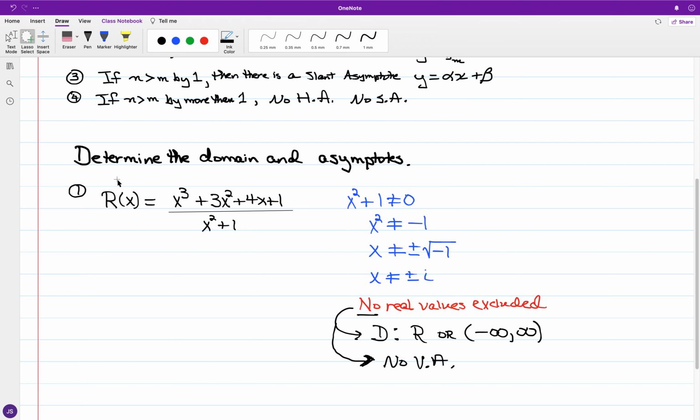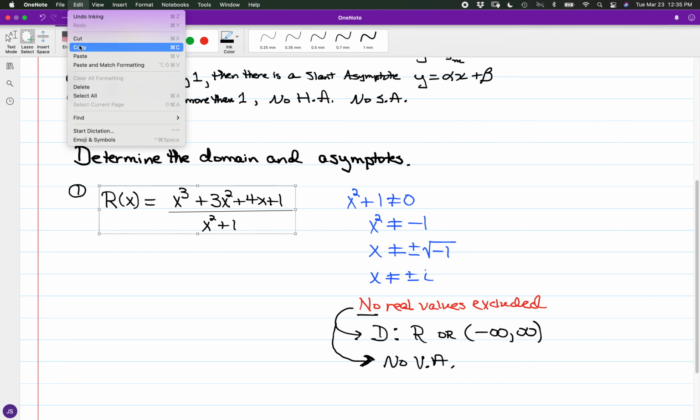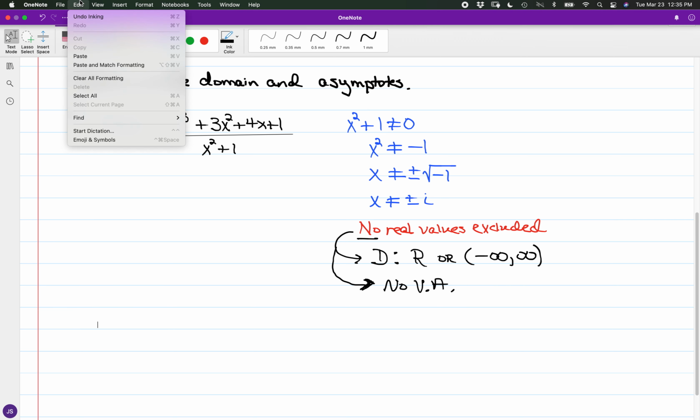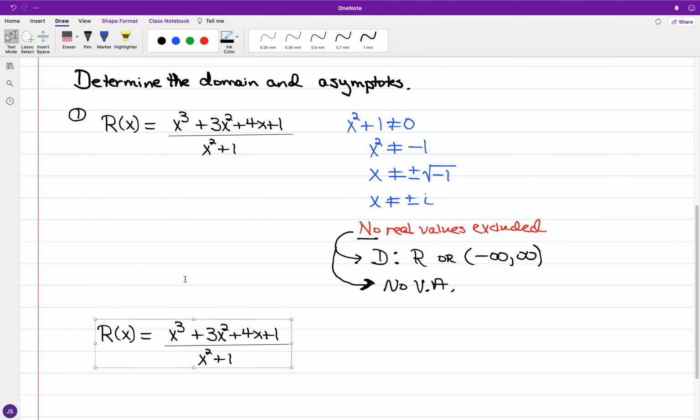And for the appearance of any other asymptote, this will come down to the degree comparison. Both polynomials are in descending degree order. For the numerator, the n value is going to be equal to 3 since x cubed is the highest order term. In the denominator, the highest order term is x to the second, so m is equal to 2.